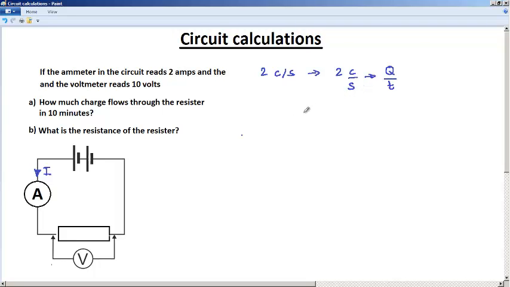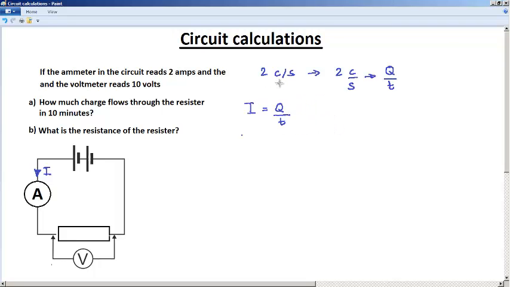So we can see then that the current I is equal to Q divided by T. Now how you go about getting there doesn't matter, but the first thing you've got to do is write down the expression, always.